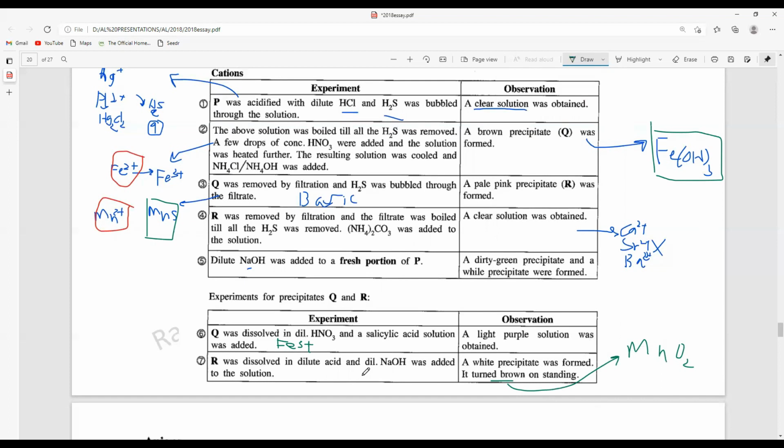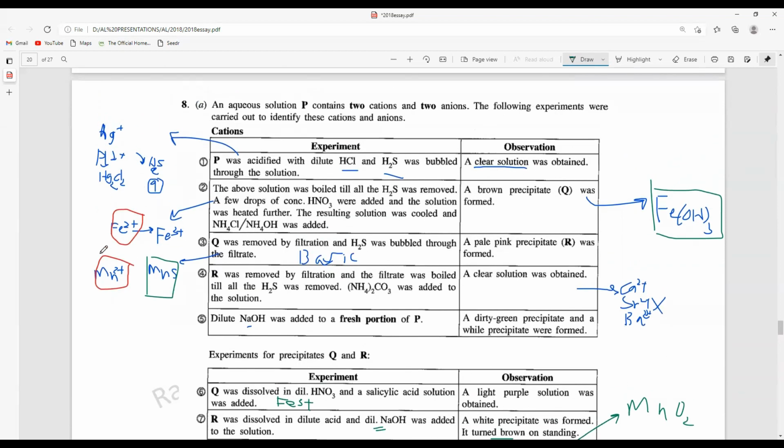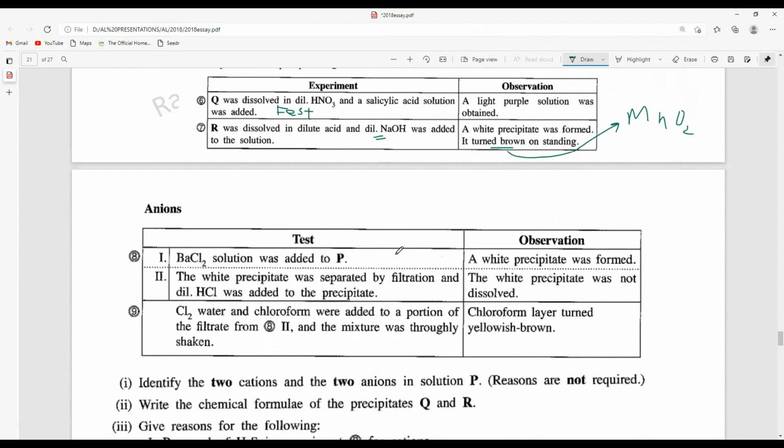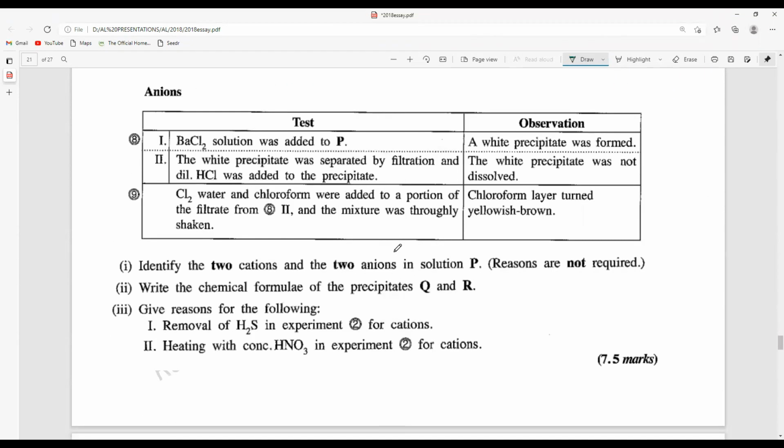Because in the basic medium, when you have dilute NaOH, this white precipitate, which is formed after the addition of a little bit of NaOH, which is manganese hydroxide, is converted to manganese dioxide. So these are the observations and the specific tests for Q and R. So we have found the 2 cations. Now it's time to move to the anions, right?